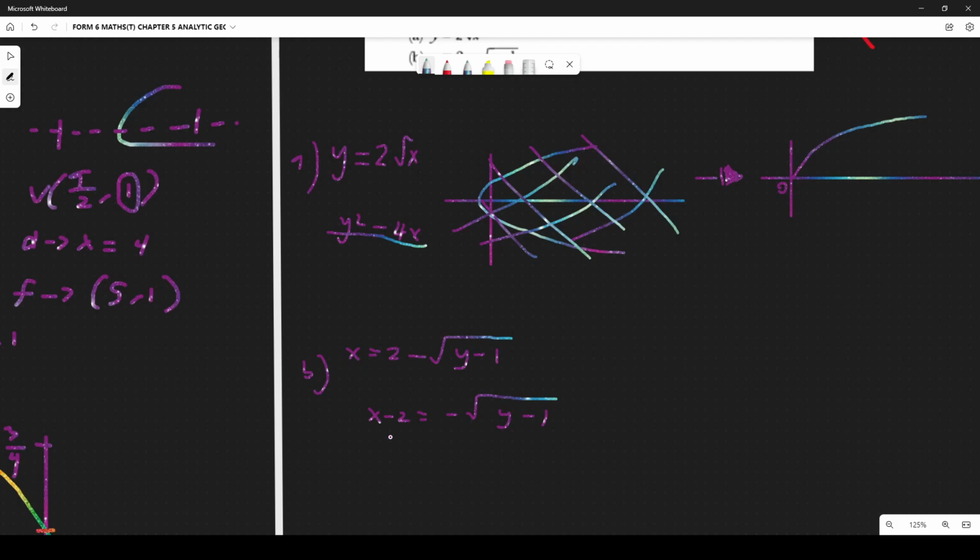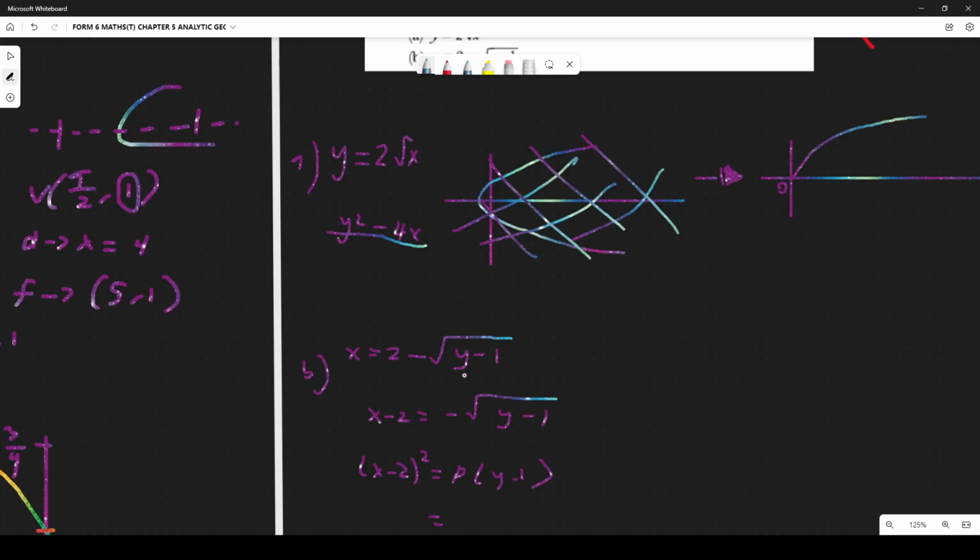We get x minus 2 squared equals 4p(y minus 1). Since we know that p is 1, when you square the negative sign it just goes away, so that's fine. That's why it's positive.